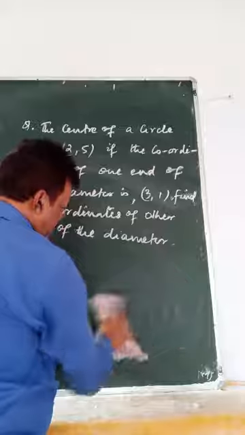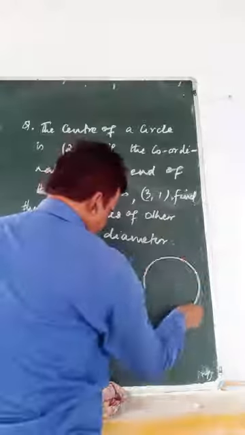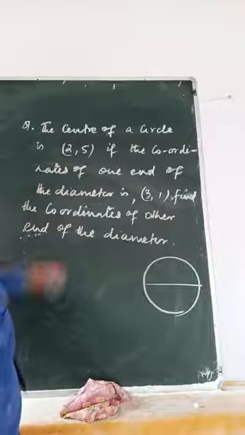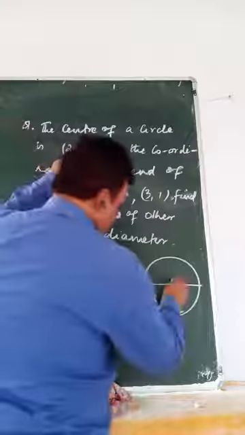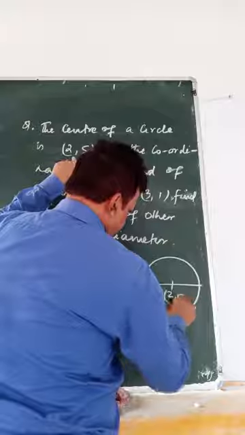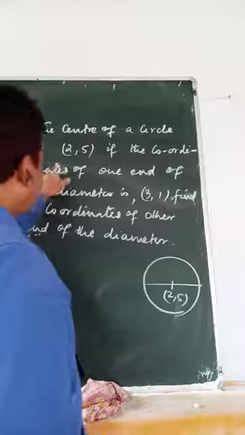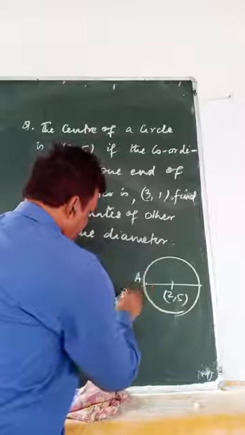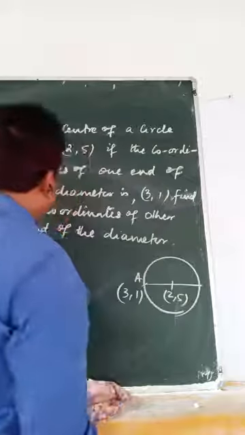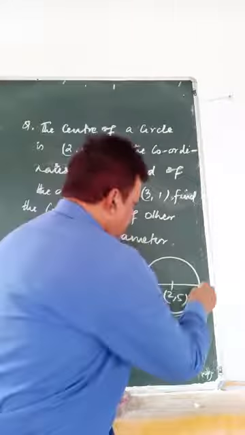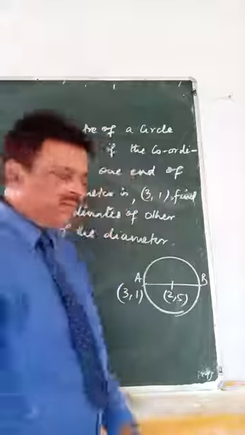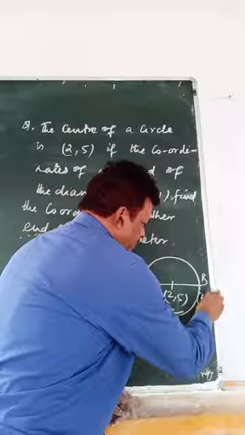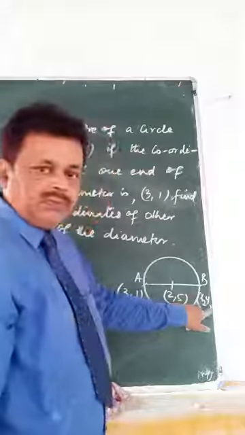Let me draw this circle here. This is the diameter. Center is (2, 5). One end is (3, 1). Find coordinates of the other end, means B you have to find out. B is what? x2, y2.